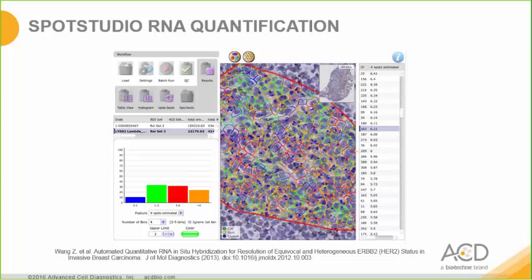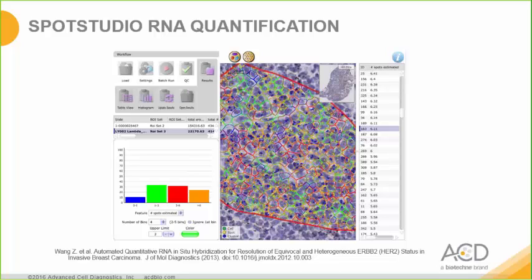Dots are detected based on pixel color. Single dots are outlined in yellow, while clusters are outlined in dark blue. The algorithm then counts dots within each cell and bins and outlines each individual cell by color based on the number of previously established categories or bins.